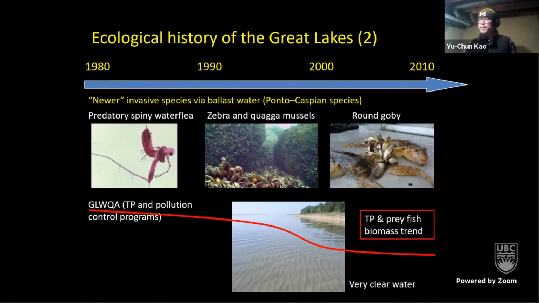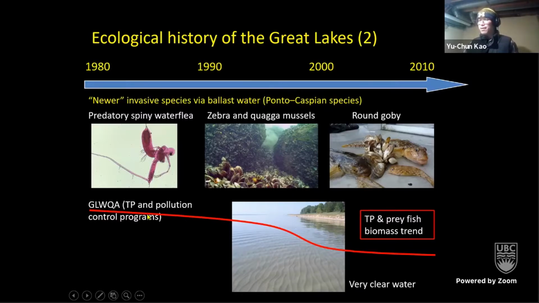These include the spiny water flea, zebra and quagga mussels, which have been really a big problem. And round goby, in their native area, feed on these zebra and quagga mussels, so that's really a great habitat for them now.